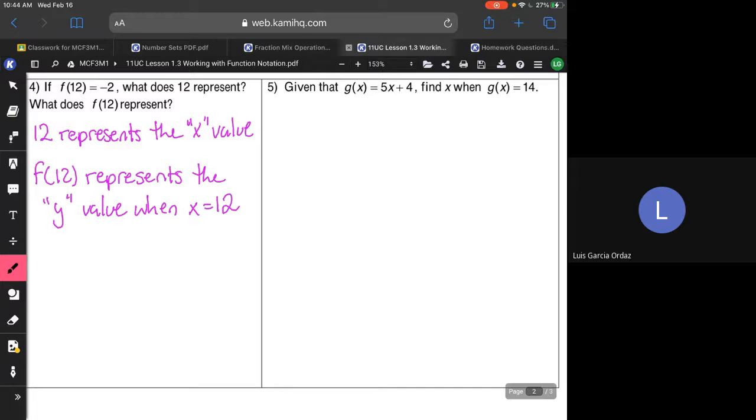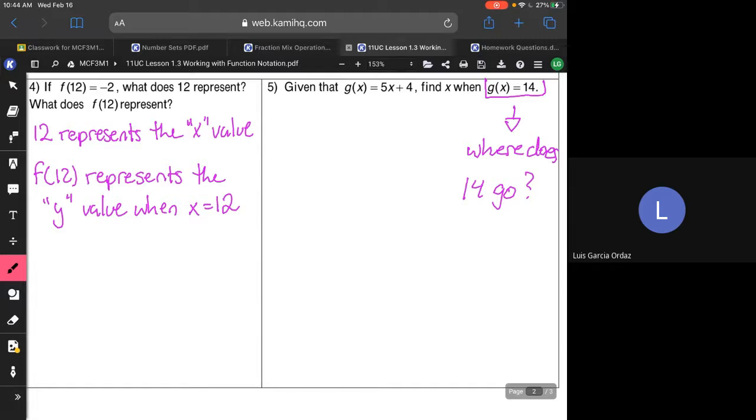So now your question is going to be, where does 14 go? Does it go for g of x or does it get subbed into actual x?